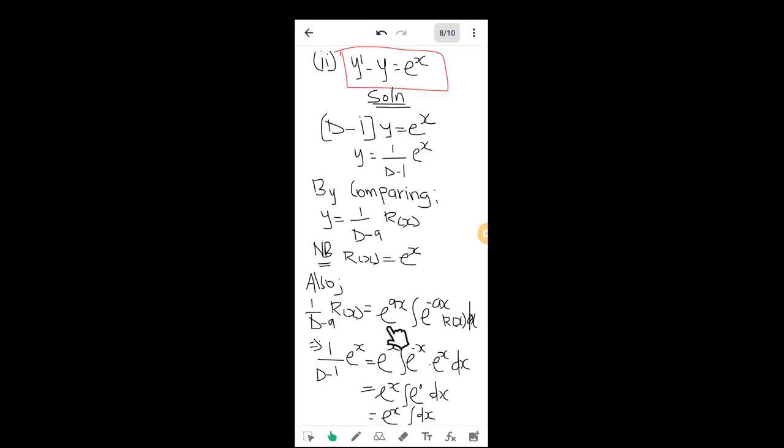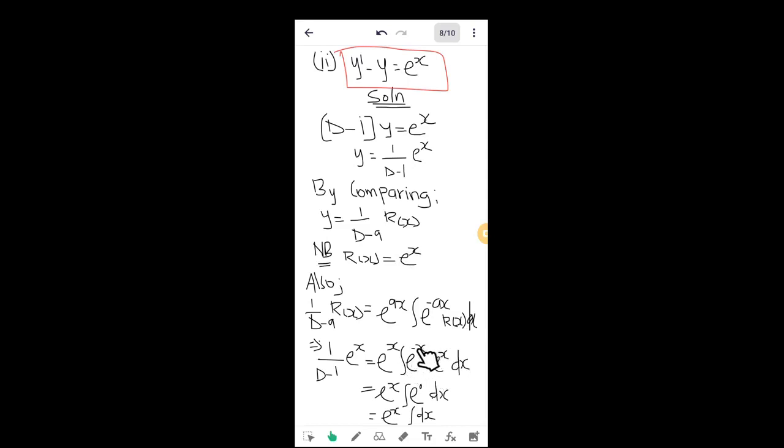So my a is 1, that's the positive value. Then integral of the negative value, so the negative sign of the 1 becomes negative 1x, which is negative x. Then multiply e exponent x, that's the r of x, which is e exponent x, so operating on e exponent x dx.